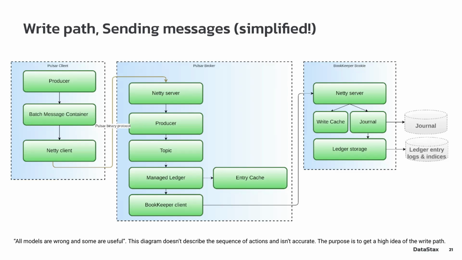There's a saying that all models are wrong and some are useful. This doesn't describe the accurate sequence of actions. But the purpose is to get a high-level understanding of the write path, so getting a mental model and being able to understand that in a better way.